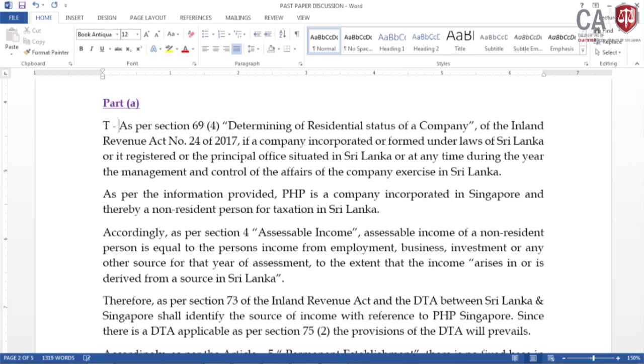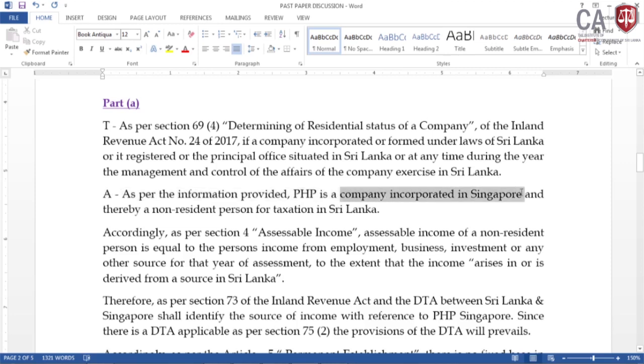We have taken it from Act number 24 of 2017. Now we are taking the application. This is A for application. As per the information provided, PHP is a company incorporated in Singapore.